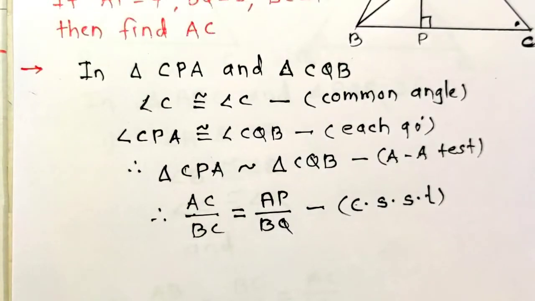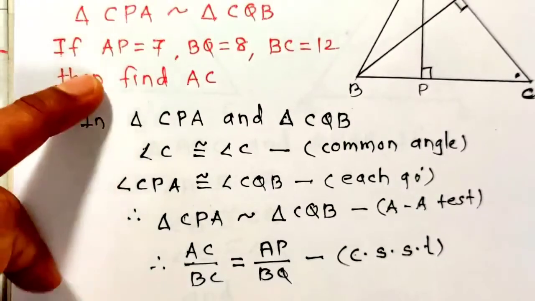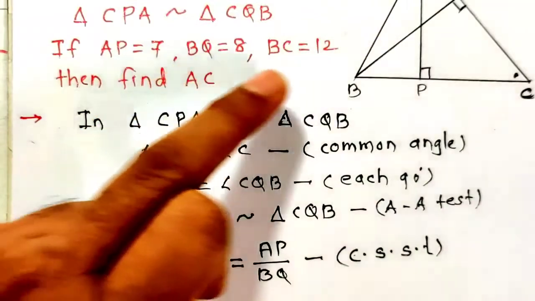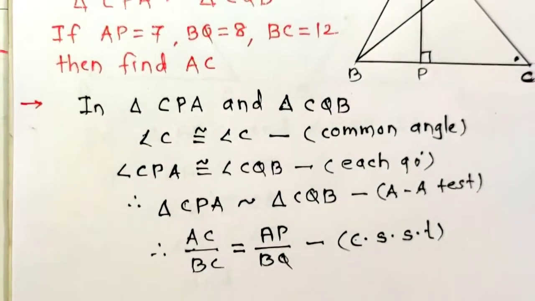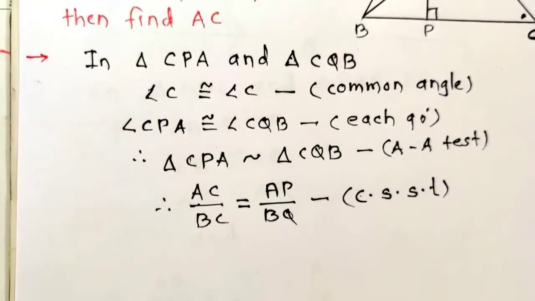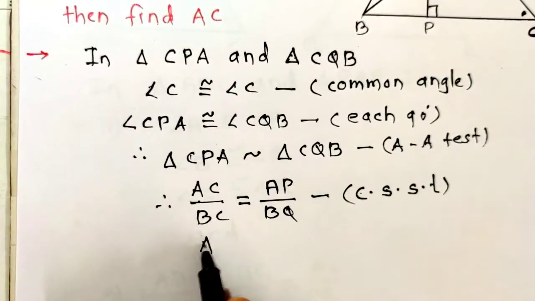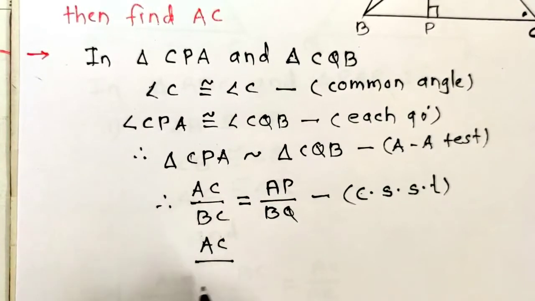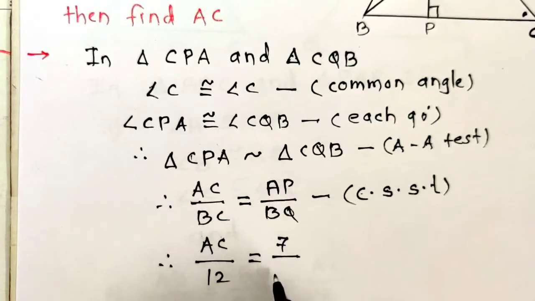Now their lengths are given here: AP is 7, BQ is 8 and BC is 12. Substitute those values and find AC. So AC upon BC, which is 12, is equal to AP, which is 7, divided by BQ, which is 8.